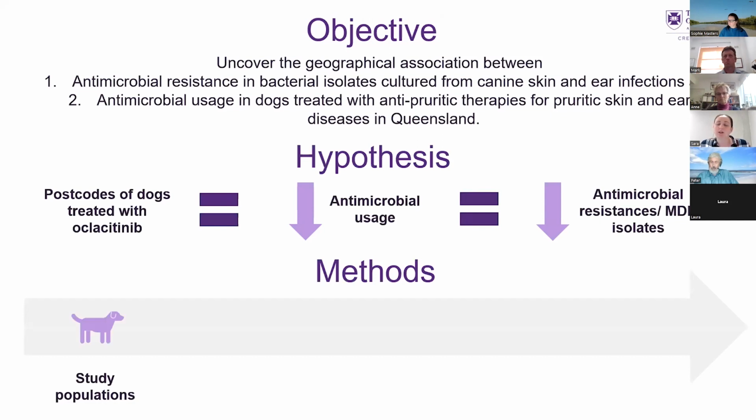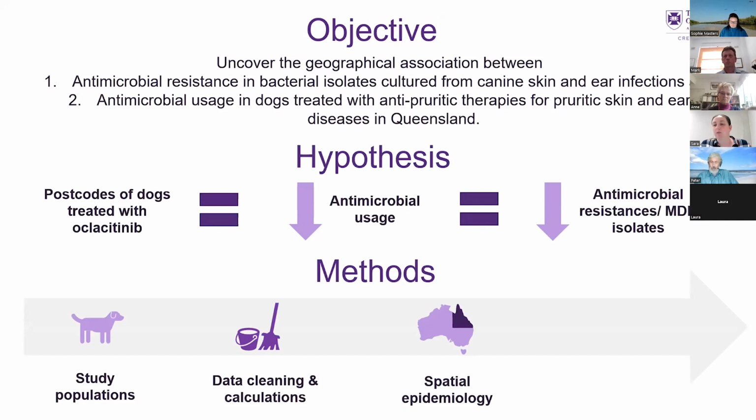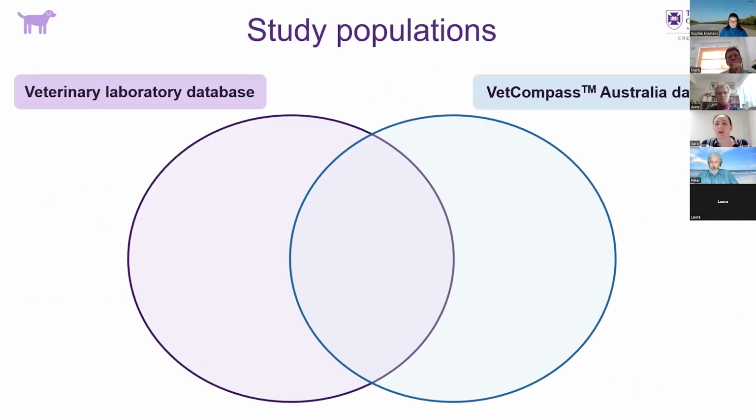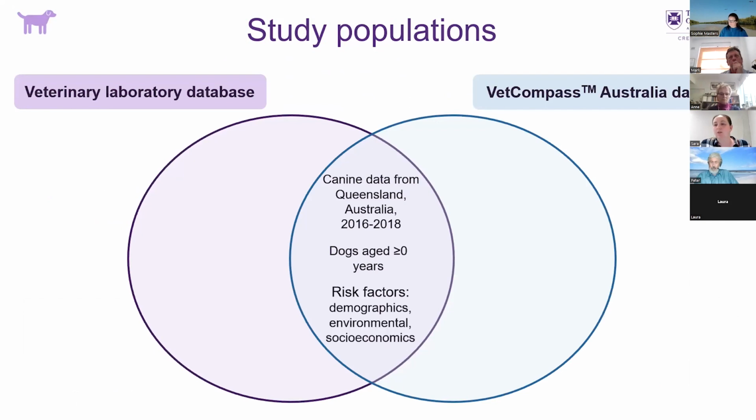Today, I'll go over the two study populations, the data cleaning and calculations, spatial epidemiological analyses, and the risk factor analyses methods. Both the laboratory database and the VCA database contain canine data from Queensland, Australia in 2016 to 2018 from dogs of all ages. Risk factors will also be included, such as demographics, including age, sex, breed, and neuter status, and environmental and human socioeconomic data per postcode.